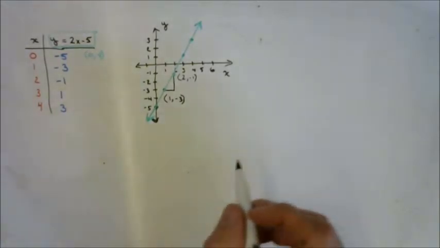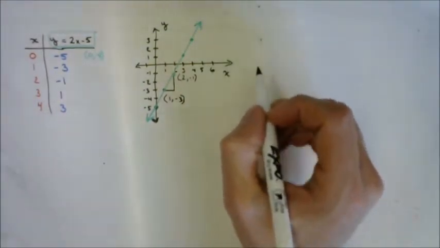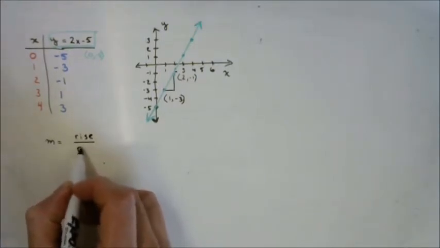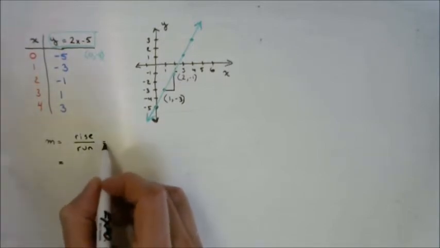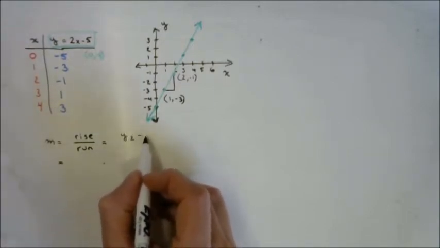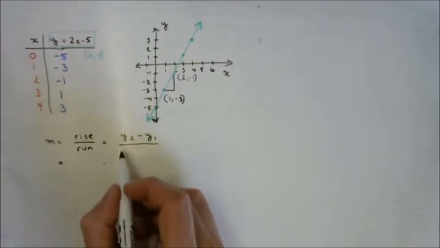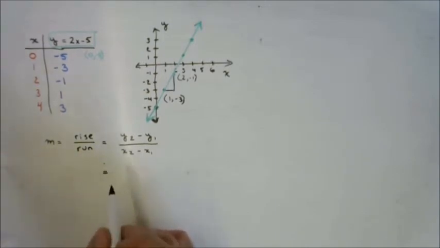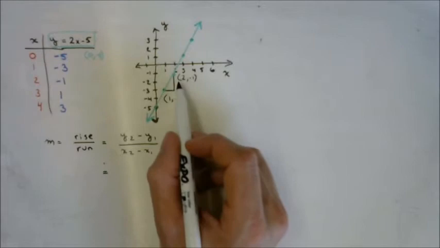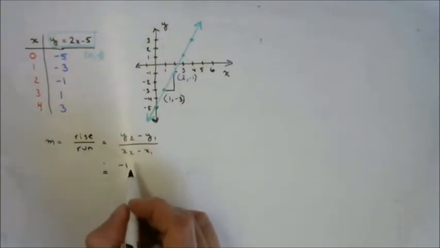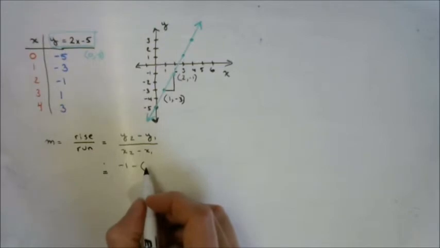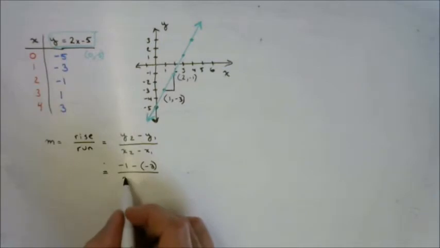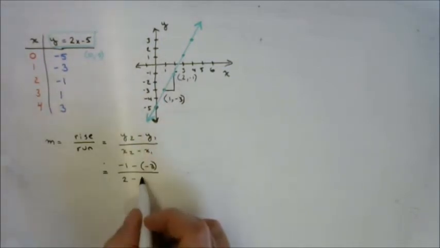We can calculate our slope, which is rise over run, the change in y, y2 minus y1, over the change in x, x2 minus x1. Now I can just put in my values. y2 is negative 1, minus y1, which is negative 3, over x2, which is 2, minus x1, which is 1.